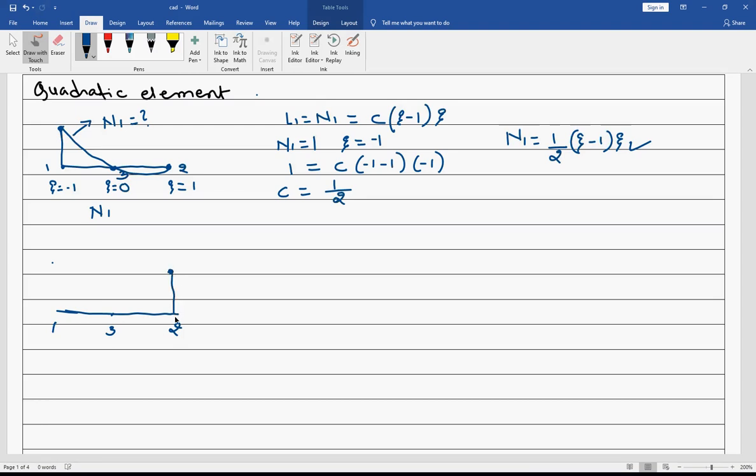N2 is always 1 at one location, which is xi equal to 1, and 0 at xi equal to 0 and xi equal to minus 1, and 0 at all other locations. This is the location of N2, and therefore the curve through the 3 points will come like this, and this is my N2.